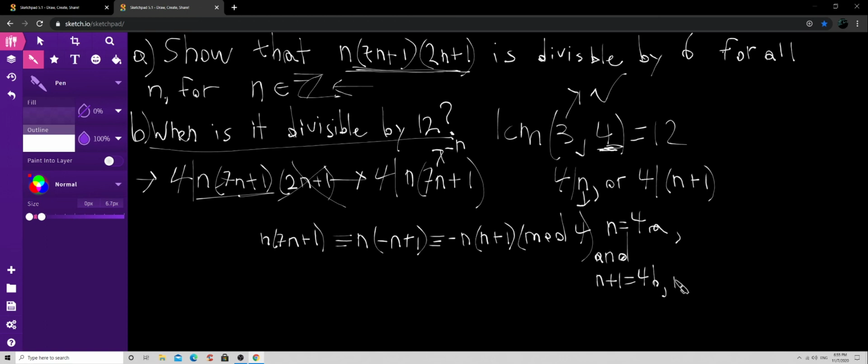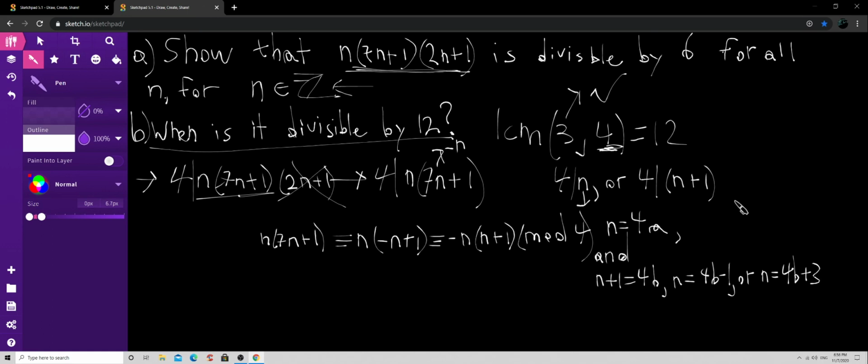So therefore n equals 4b minus 1, or n equals 4b plus 3. So there we go. Okay. So that is basically our answer.